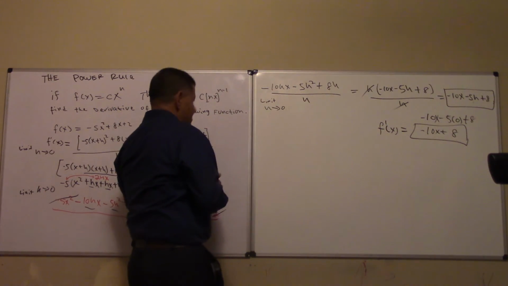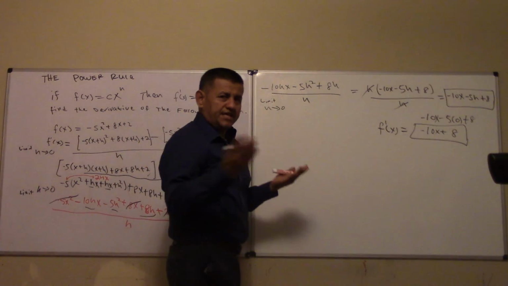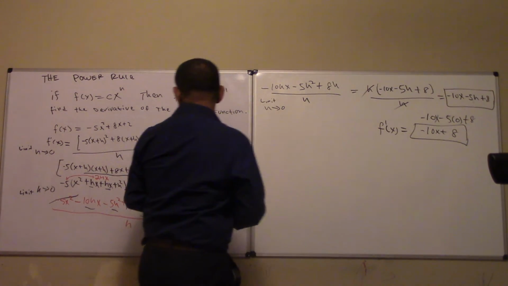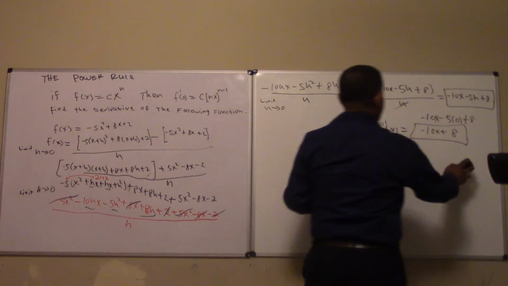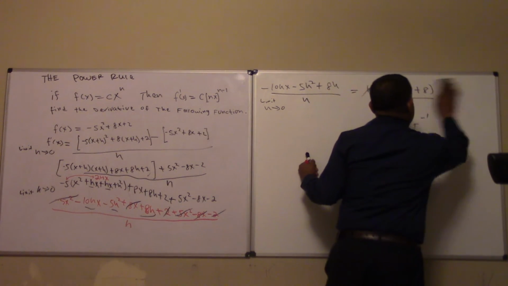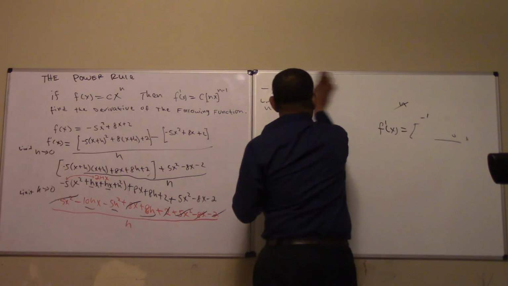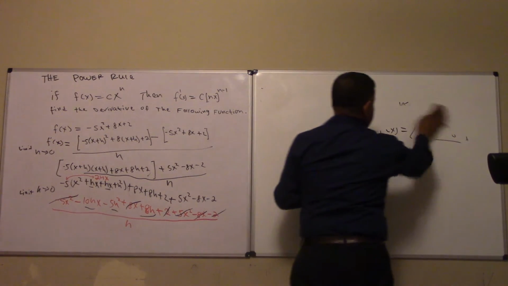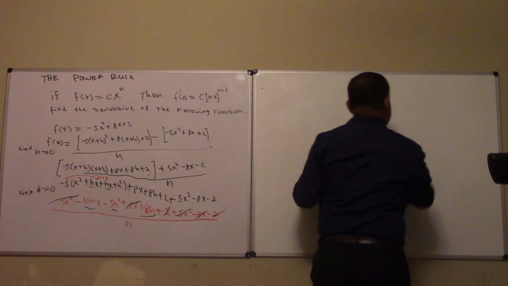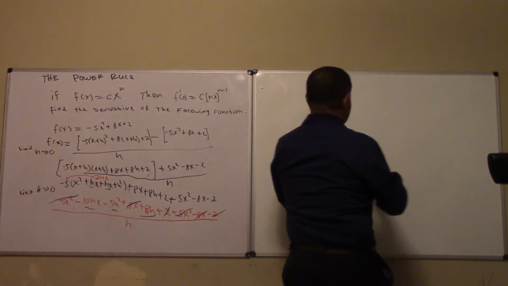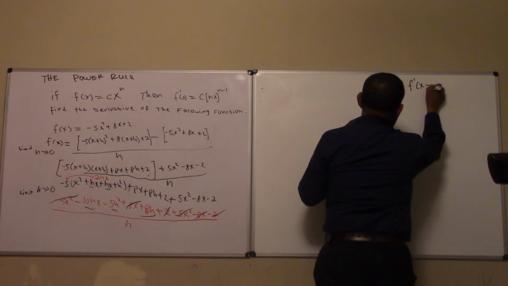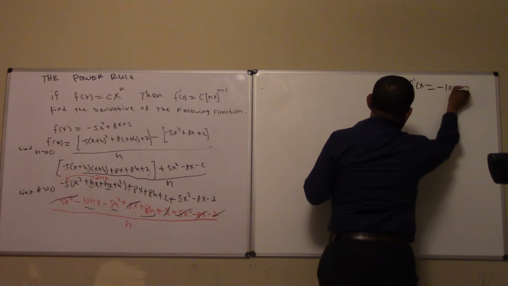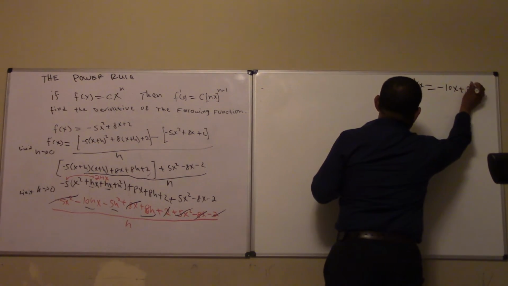Now let's do this using the basic power rule, right? Very simple. We will do that very quick. So we notice that f prime of x is equal to negative 10x plus 8, right?